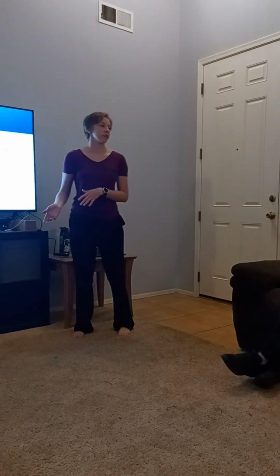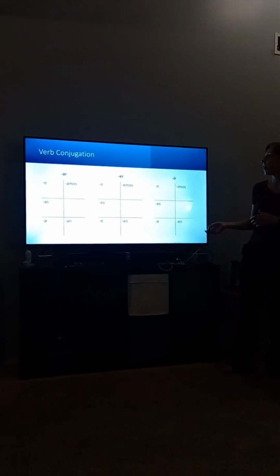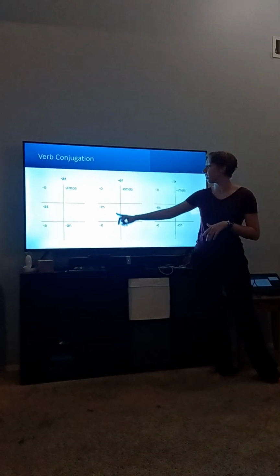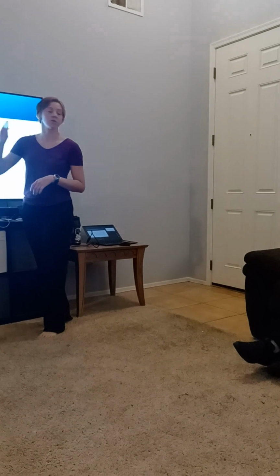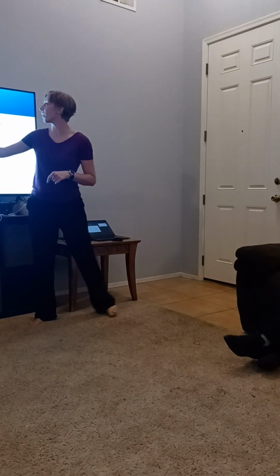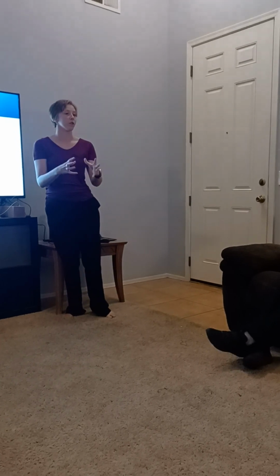So verb conjugation. The reason we use verb conjugation in Spanish is that each conjugation of the verbs goes to one of those pronouns that we just talked about. So you'll encounter three different types of verbs, and those are AR, ER, and IR verbs. And this is the ending of the verb. All verbs will have one of these three endings.